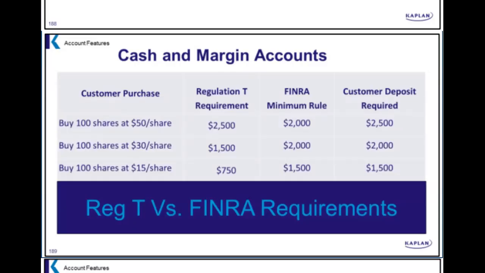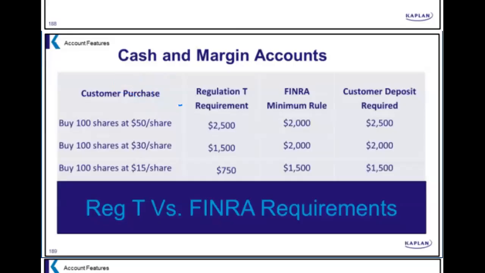So here, if we take a look at a customer that's purchasing 100 shares at $50 a share, 100 times 50 is 5,000. Reg T says half of that, 2,500. And since it fulfills FINRA's minimum, then the customer could deposit $2,500 and margin the other $2,500.